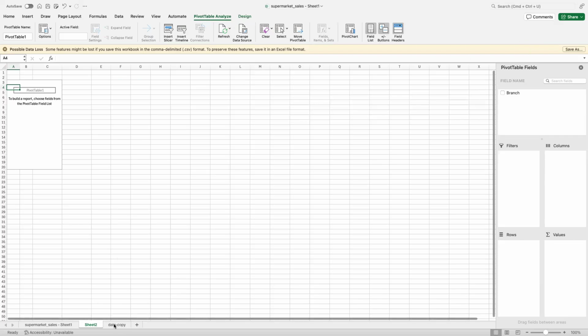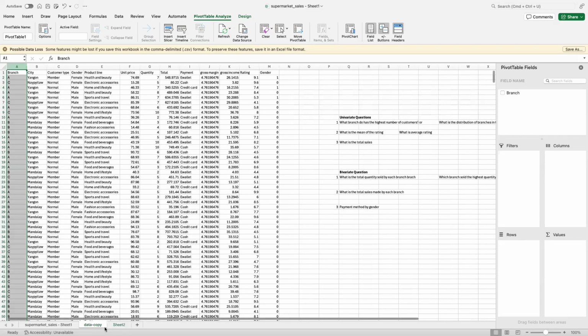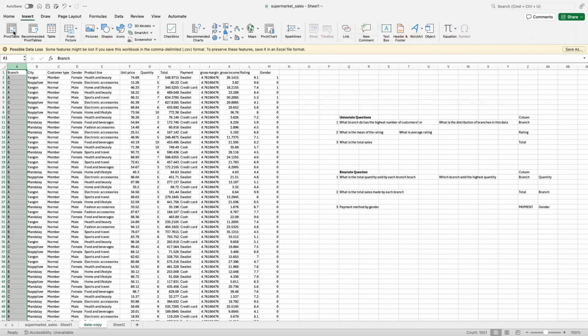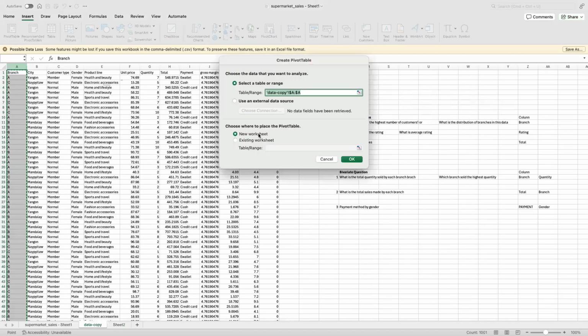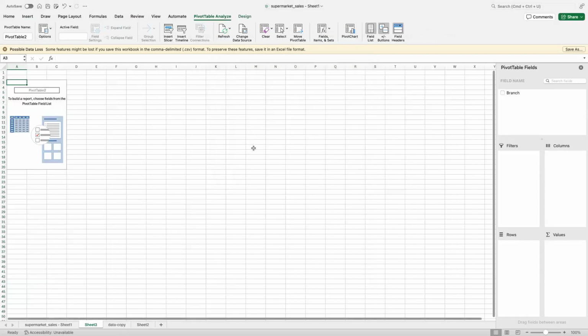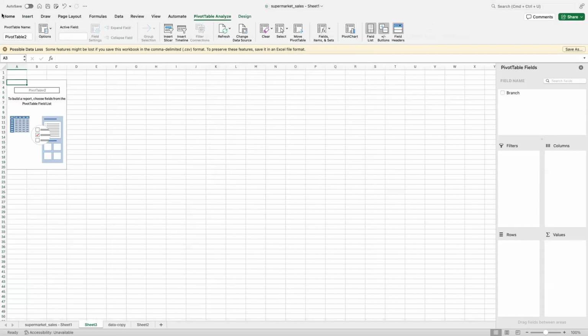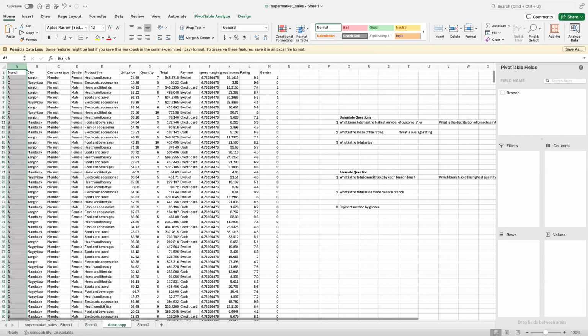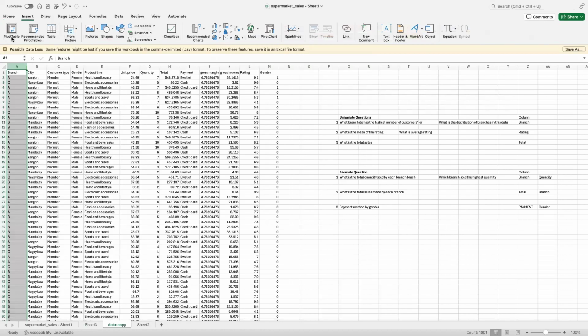I think most times, even for a pivot table, you probably want to copy two things. But let me try with one. Let me just do a pivot table. I usually do recommended. So insert pivot.